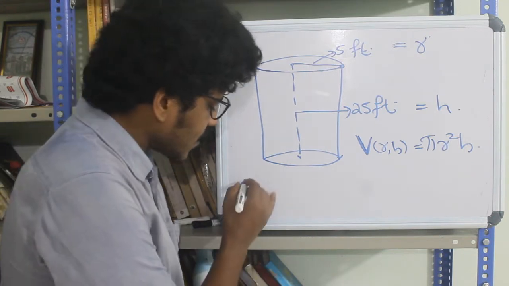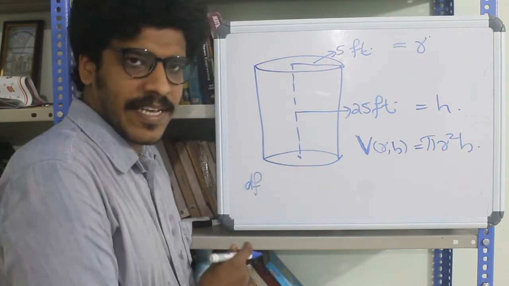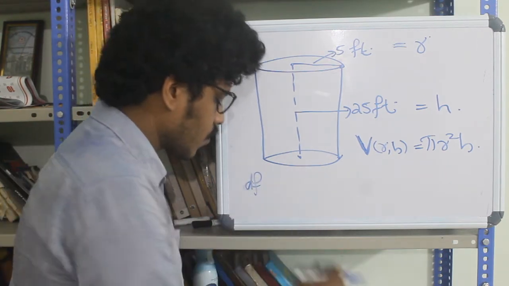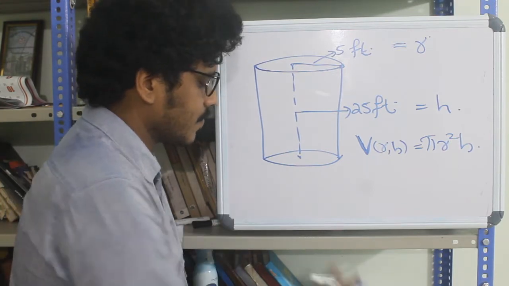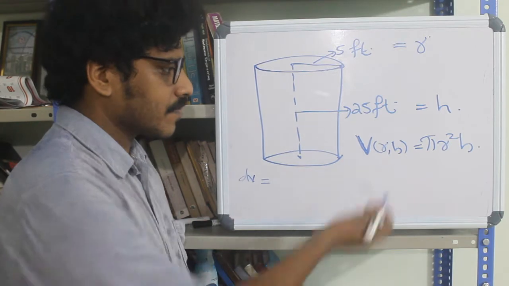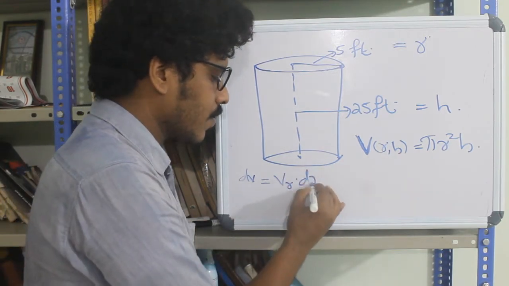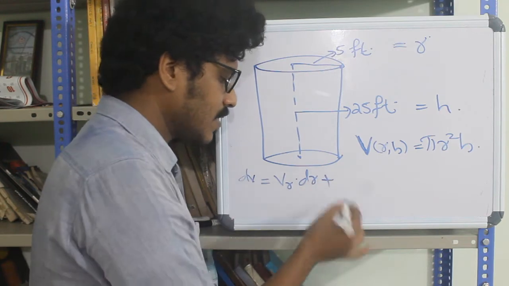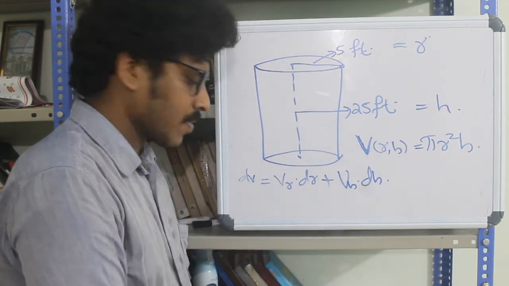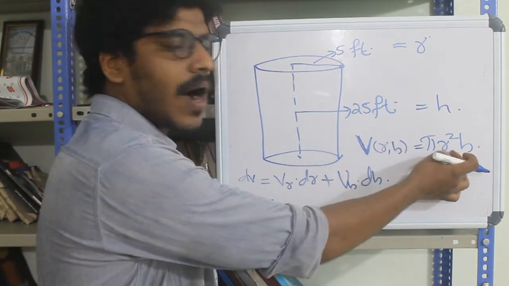Alright, so let's try to find df. df was giving us an approximation for the change of f. So not f here, it's dV here. So what is dV here? Vr into dr plus Vh into dh. So what is Vr? The partial derivative of volume with respect to r.